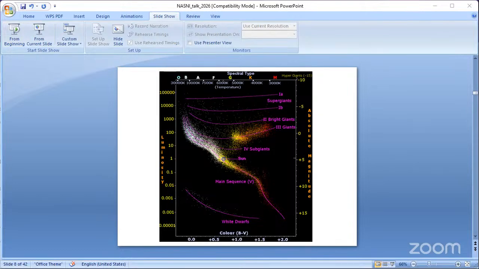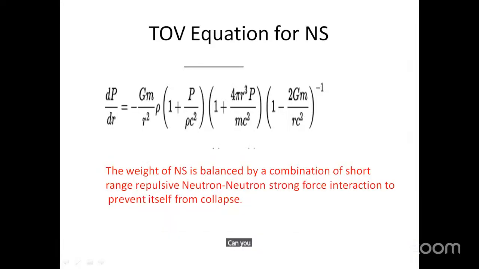Can you see the slide now? Yes, sir. The Chandrasekhar mass limit. No, the slide is the Chandrasekhar mass limit. No, it is not showing, sir. My net is very fast. Just press Shift F5 and see whether it works or not. Can you see now? Yes, now we can see, sir, and it is full screen now.